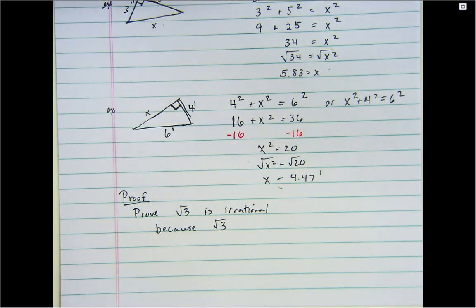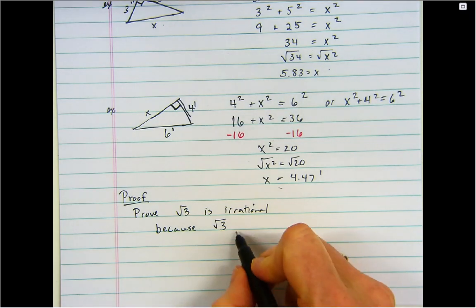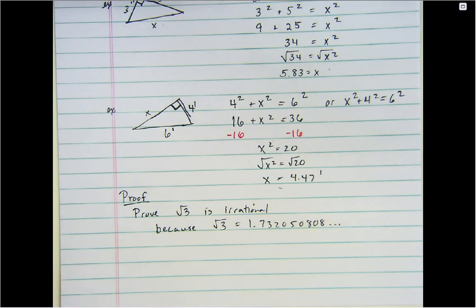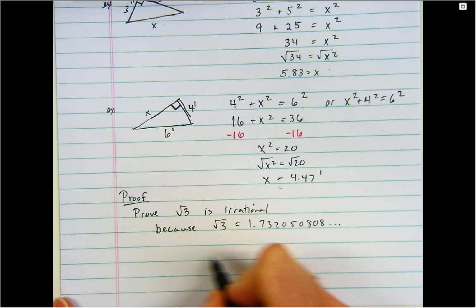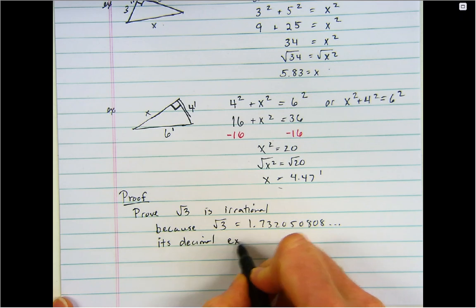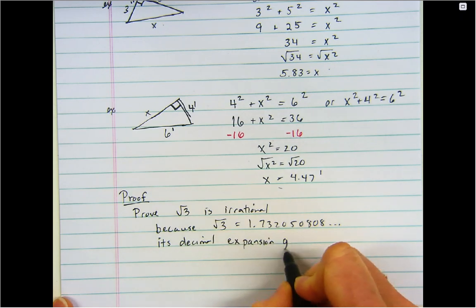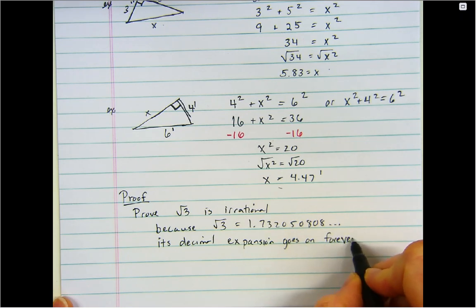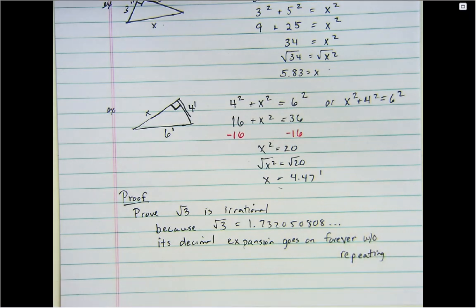The square root of 3 equals 1.732050808, and then they put dot dot dot, and then they'd say because its decimal expansion goes on forever without repeating. So if someone put that proof down, they didn't get any points, which was sad.